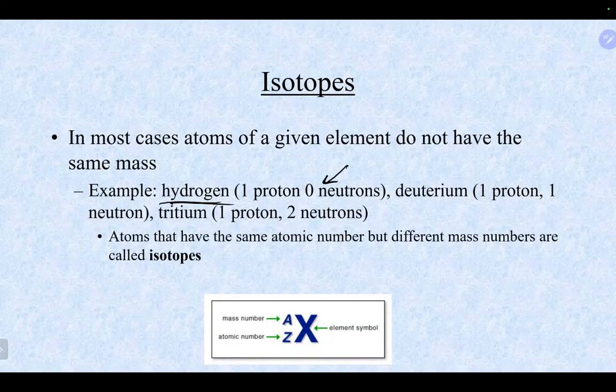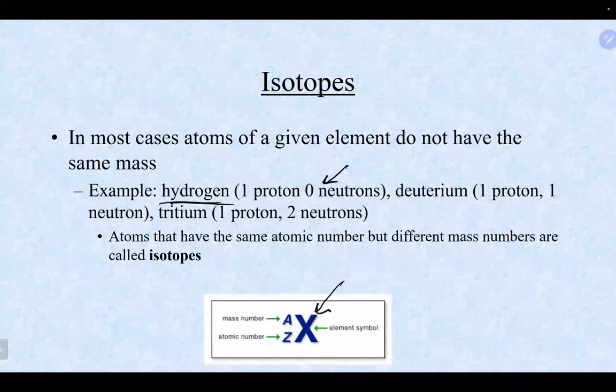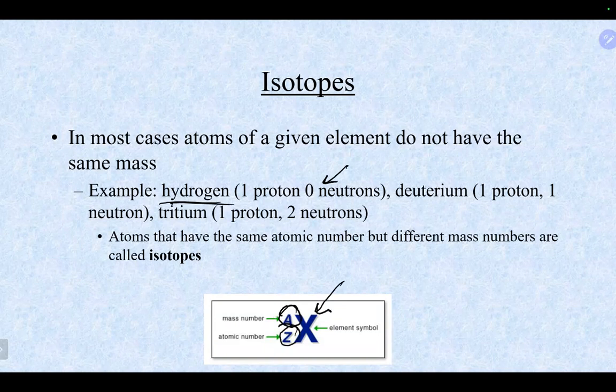One very common way we write the symbols for isotopes is what we see on the bottom here. We use the element symbol. On the top left, we put the mass number. On the bottom left, we put the atomic number. So if we do this for all three of these, we start with hydrogen.